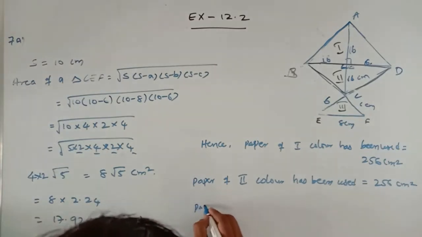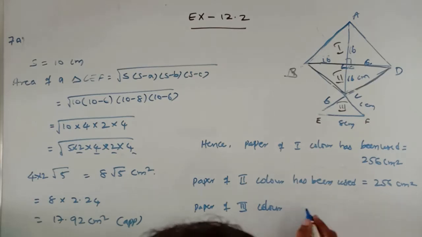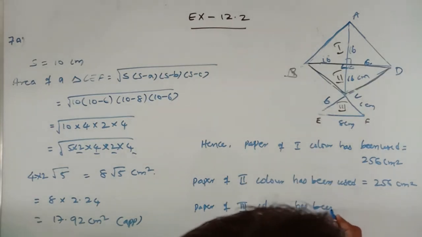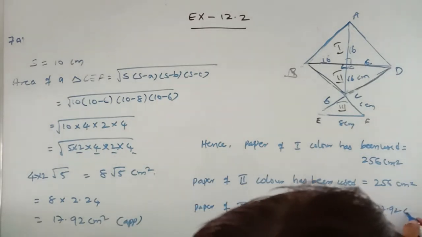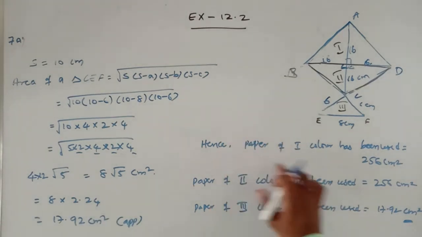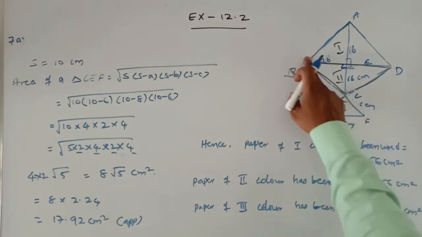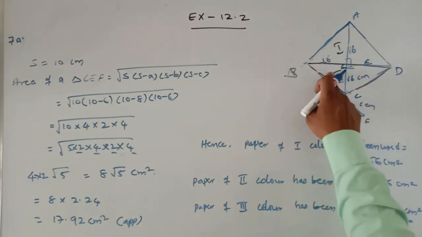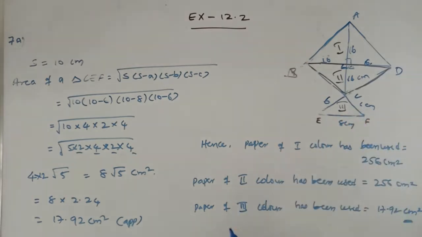And next is the third color: the paper of the third part color that has been used is equal to 17.92 square centimeters approximately. So in this way I calculated all the 3 color papers. The first color paper area is 256 square centimeters, the second color paper area is 256, and the third one is 17.92 square centimeters. Children, we will see the next question.